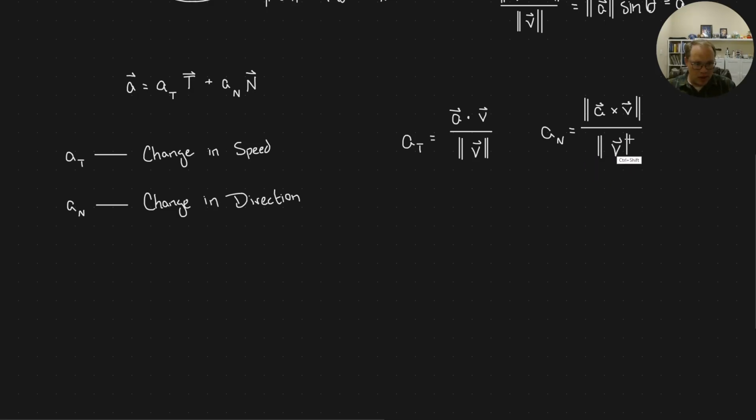And so we can quickly and easily find how much the speed of the velocity is changing. How much are we changing the speed? And a sub n, the normal component of acceleration, how much are we changing the direction of the velocity?